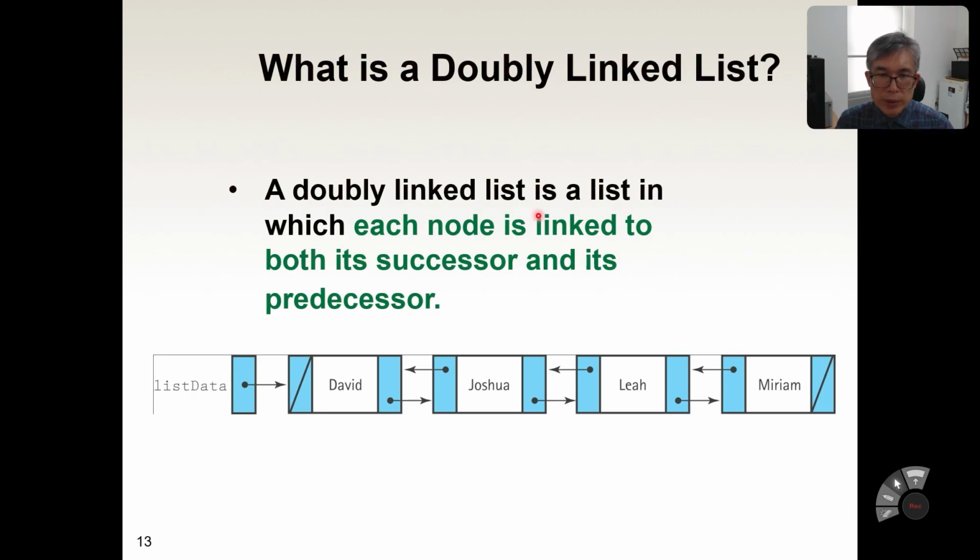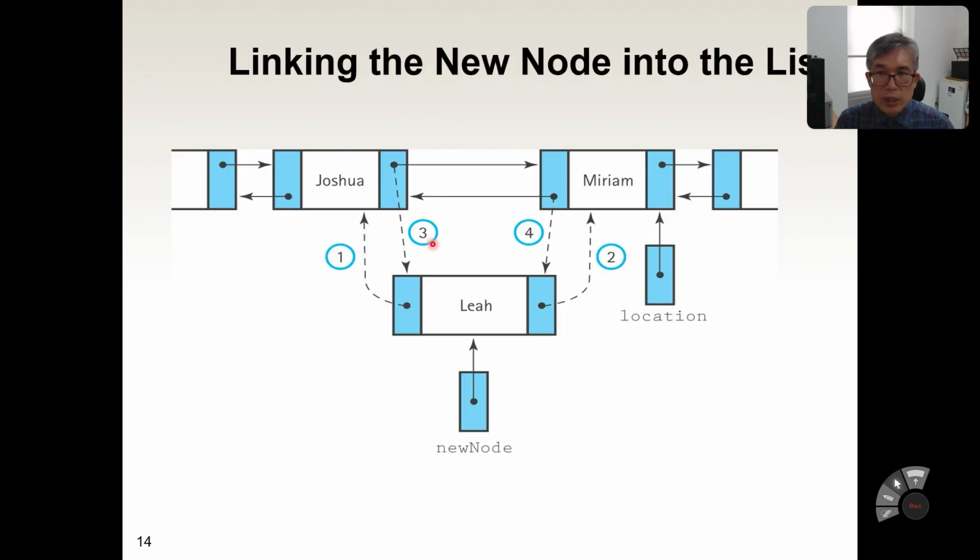What is a doubly linked list? In the doubly linked list case, it has two pointers. This is next, this is previous. Next means a successor, previous means predecessor, which means this one is a kind of parent, this is a child. So we can link to each other.